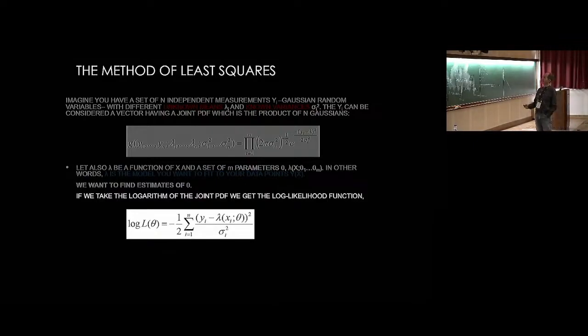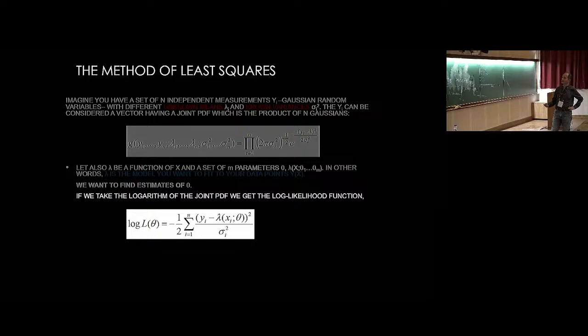Now, if we take the logarithm of the joint PDF, which describes the probability of observing the y's under the model, we get the log likelihood function, which is a function of the parameter theta. And since we assume that these were Gaussian distributions, well, then the logarithm of this is very easy, right?